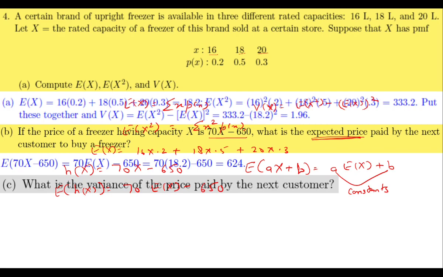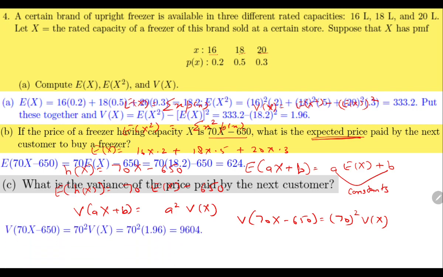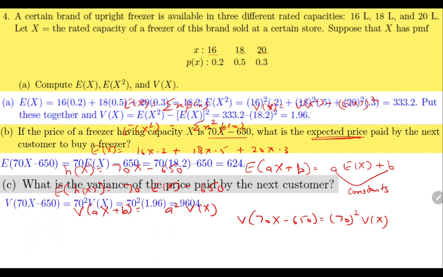The next part says find the variance of the price paid by the next customer. Now variance of ax plus b is a square variance of x. So variance of 70x minus 650 is 70 square variance of x. By substituting the value, it comes out to be 9604.